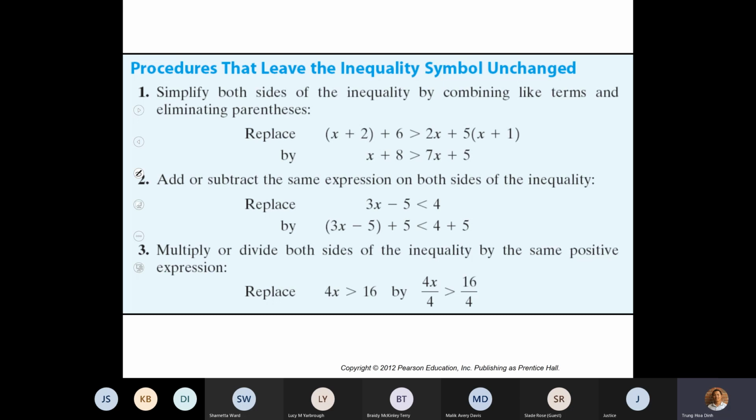So simplify both sides of the inequality by combining like terms and eliminating parentheses. So we know how to work with parentheses, right? With the first parenthesis, x plus 2, there's nothing, we just erase them. In here, we distribute this, we get 5x. So basically that is 2x plus 5x plus 5. 2x with 5x will be 7x.